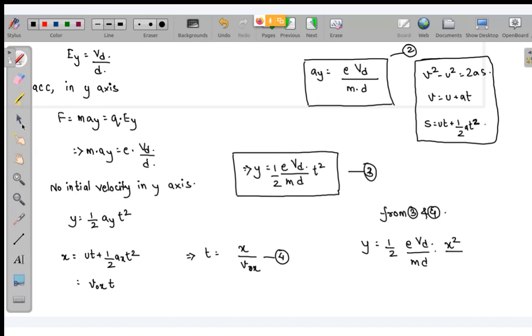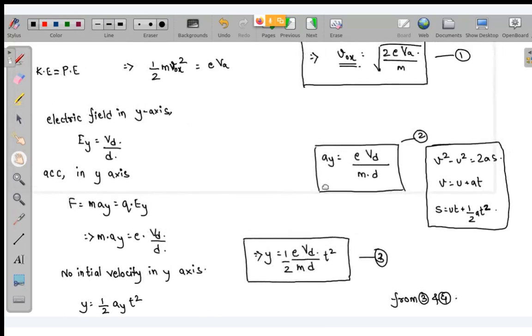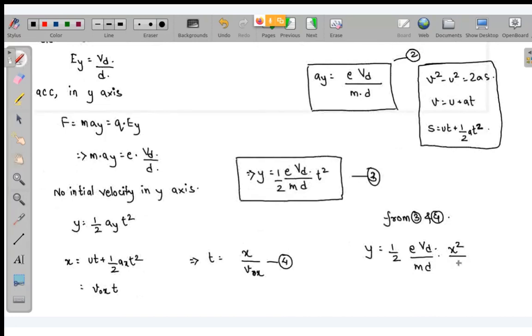Since vox was in square root, this comes out as 2EVA by m, which goes above. So m cancels, E cancels, and the value of y we get is half Vd x square by dVA.